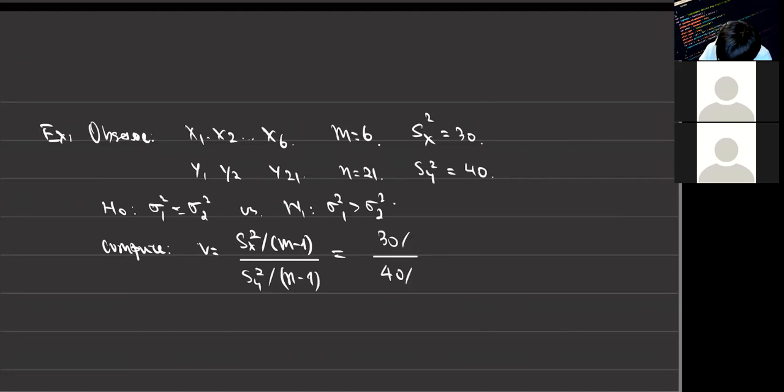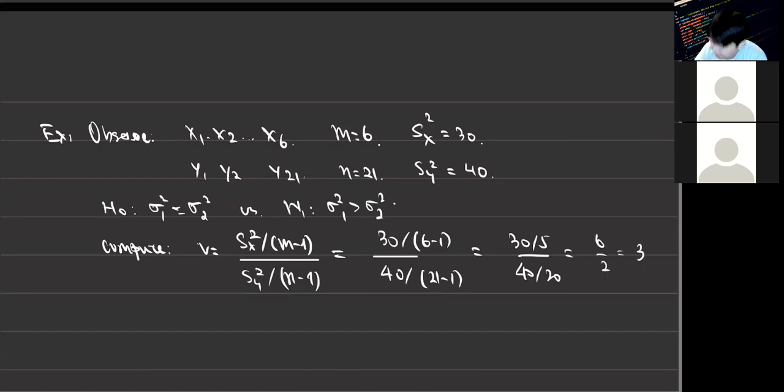That is my mistake. It's 6 minus 1, so it should be 5. And then the bottom is 21 minus 1. So that's 30 divided by 5 over 40 divided by 20. Make sense? So it's essentially 6 over 2, so that's 3.